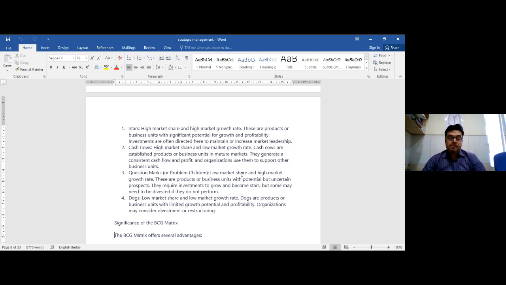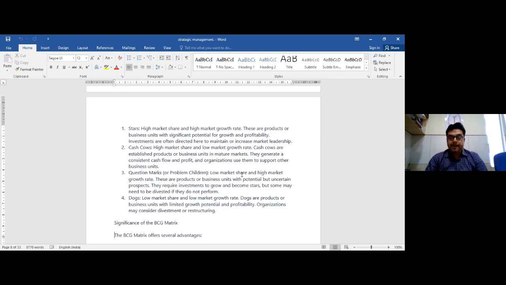Now, what is in essence the purpose of conducting the portfolio analysis or the BCG analysis? Time and money are important resources, and therefore we can understand here how much should we spend in terms of our best products and business units so that they can continue to be successful.